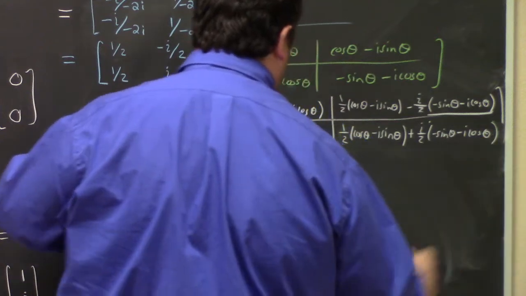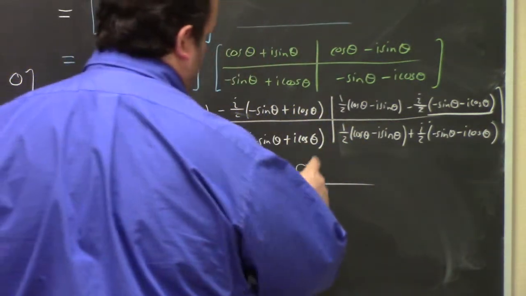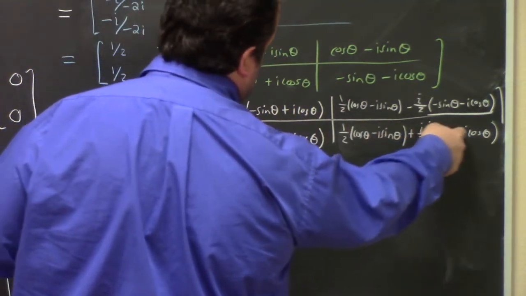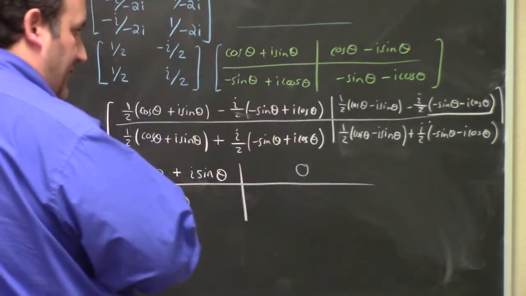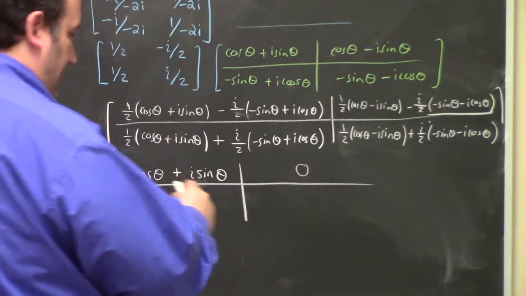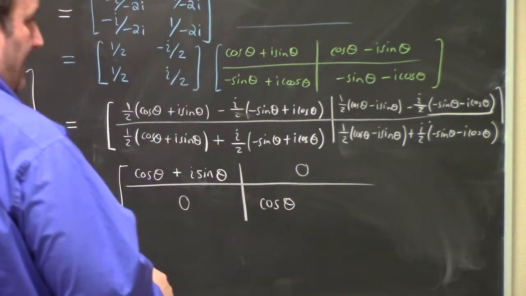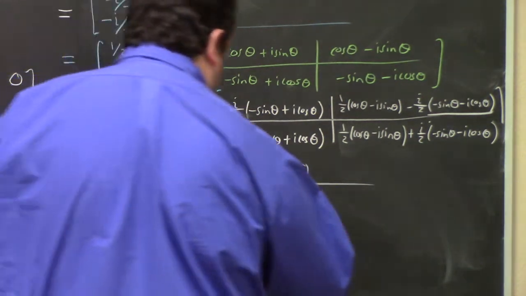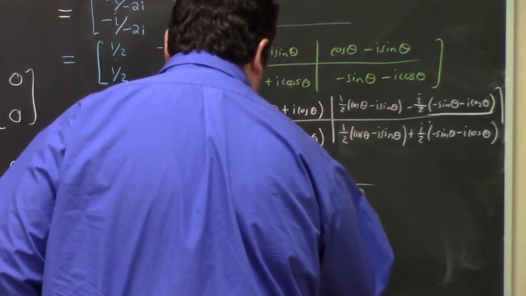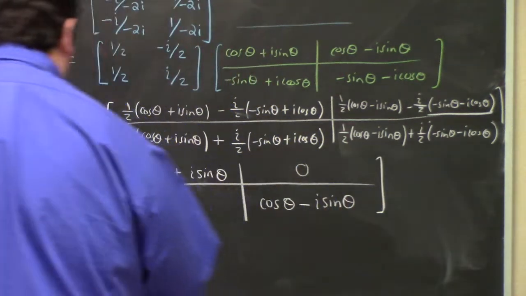Yeah, there it is. And then you should get minus I squared over 2, which is a half. Half cosine plus half cosine. You get 2 cosine minus 2 sine, I sine theta. Minus I sine theta, right? Yeah. All right. That's what I got.